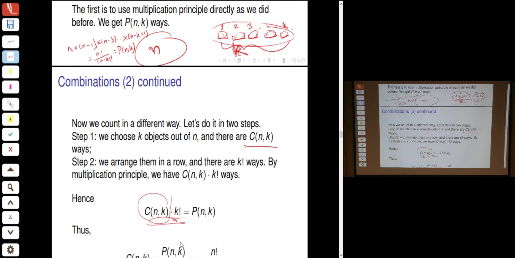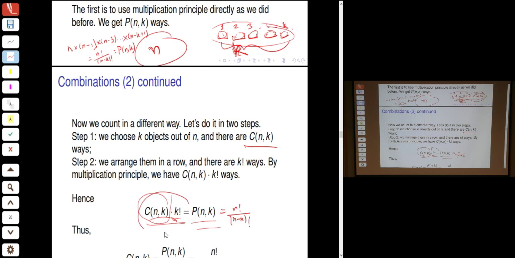But we already know that the total number of ways of arranging k objects in order on a table from n objects is P(n,k), which is n factorial over n minus k factorial.